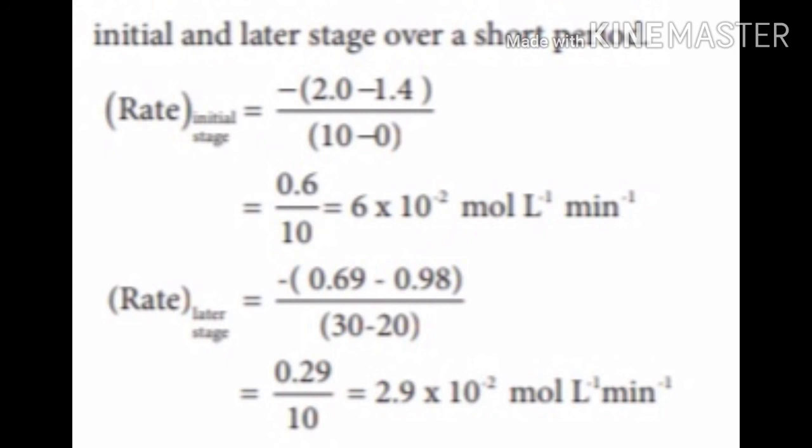So 2.9 into 10 to the power of minus 2 mole per liter per minute, with the change in cyclopropane in mole per liter and the change in time in minutes. Okay, thank you.